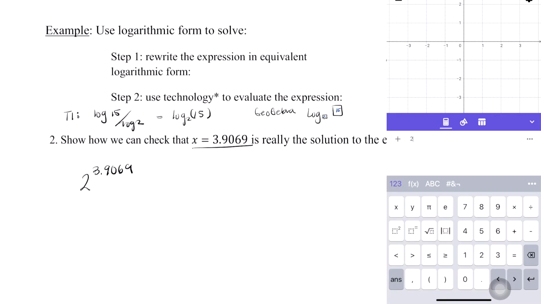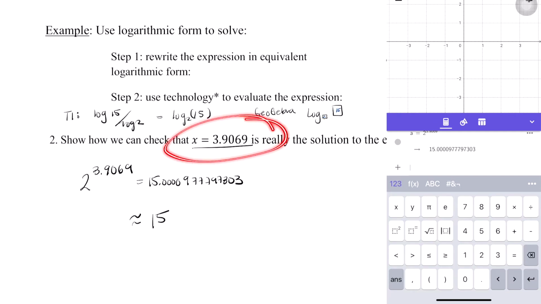So that's 2. And in GeoGebra, you see this little icon that looks like a box to a box. That's what we're looking for. That's right here. So go ahead and tap that, and then in the exponent 3.9069. This is approximately 15, so this is indeed a solution to this exponential equation.